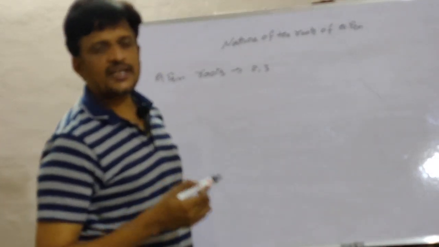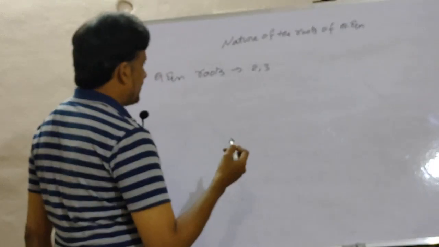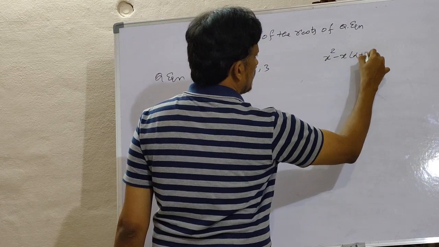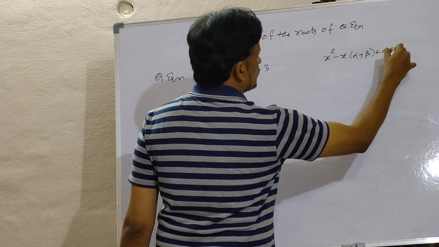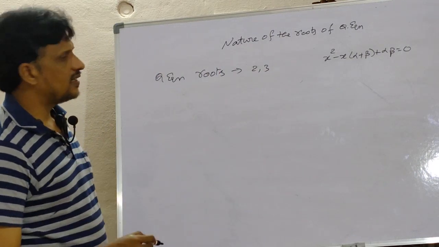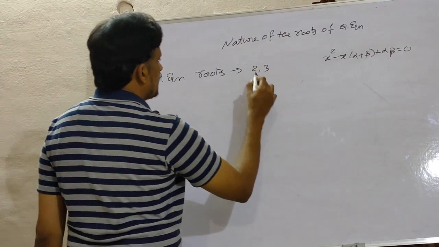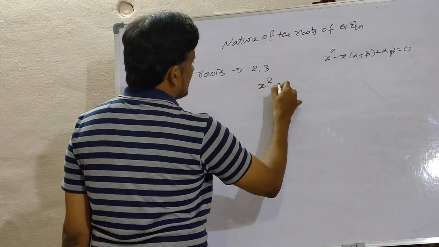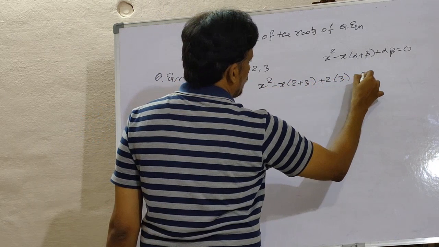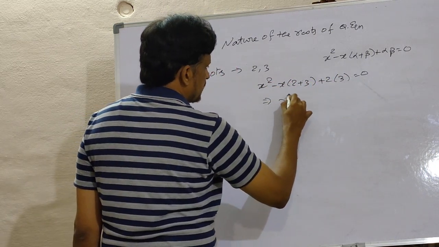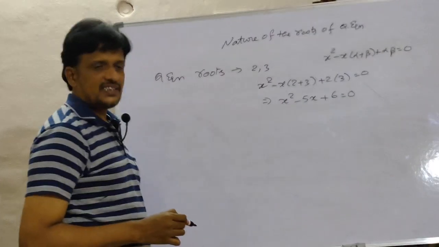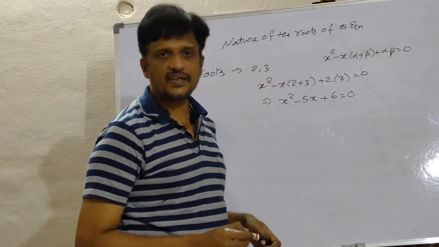So when the roots are alpha and beta, the equation is x square minus x into sum of the roots alpha plus beta plus product of the roots alpha beta is 0. That one we discussed already. So the quadratic equation with roots 2 and 3 is x square minus x into sum of the roots 2 plus 3 plus product of the roots 2 into 3 equal to 0. That will be x square minus 5x plus 6 is 0. Like this, when the roots are given, you can write the quadratic equation.